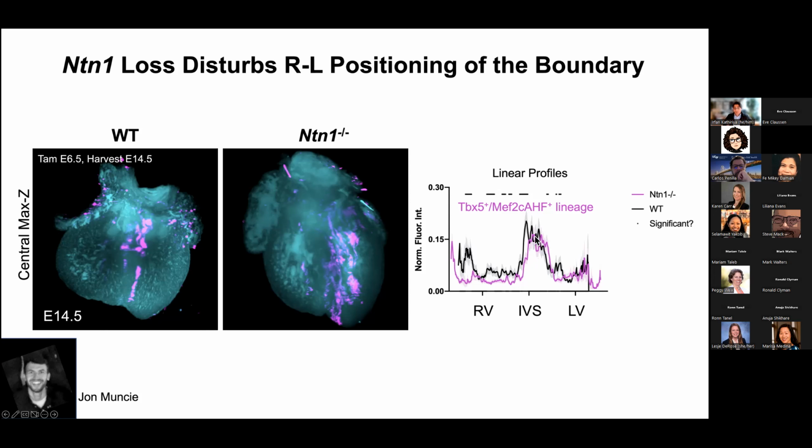In many ways, this is complementary to the SLT2 phenotype, and together the Netrin and the SLT2 phenotypes recapitulate the lineage phenotype in TBX5.